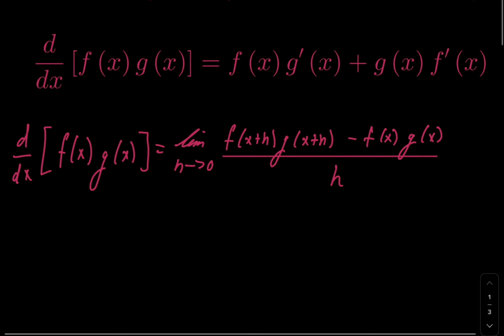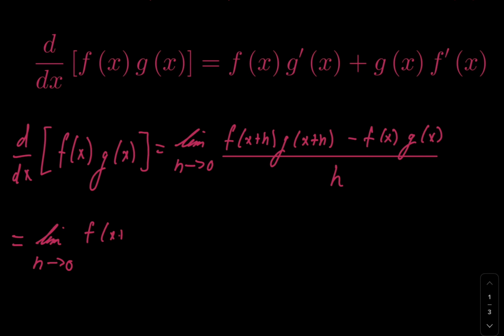Now, what we're going to do is add 0 in a clever way. Mathematicians don't have too many tricks or techniques when it comes to algebraic manipulation. One of them is adding 0 in a clever manner, and that's exactly what we're going to do. So we're going to have f of x plus h times g of x plus h, and we're going to subtract g of x times f of x plus h, and then we're going to add that same amount.